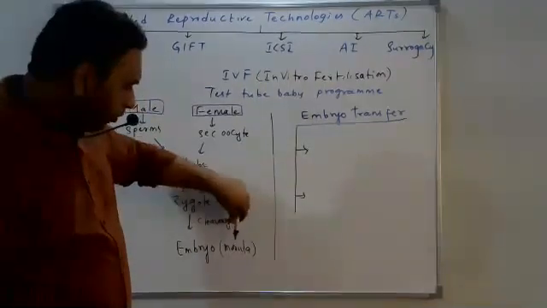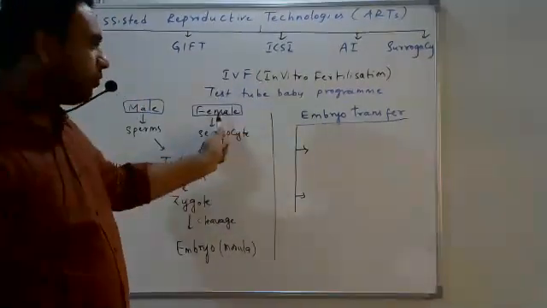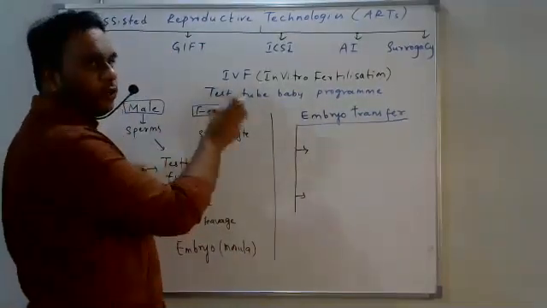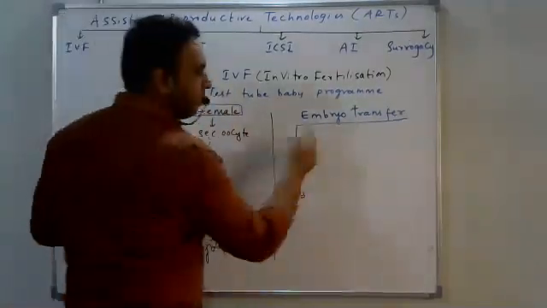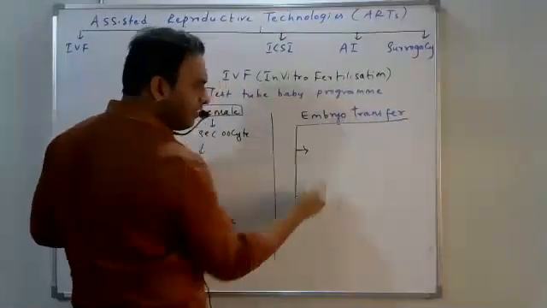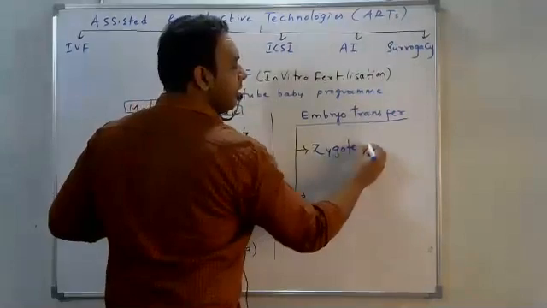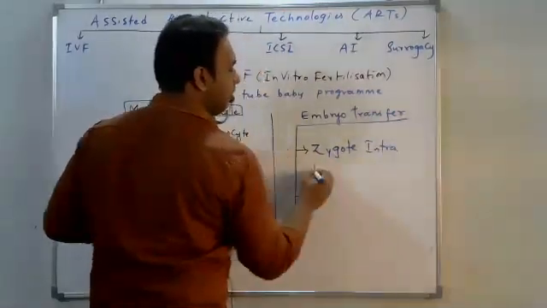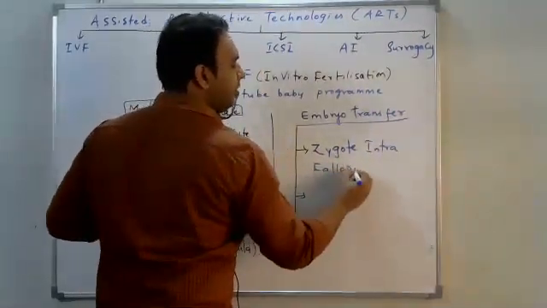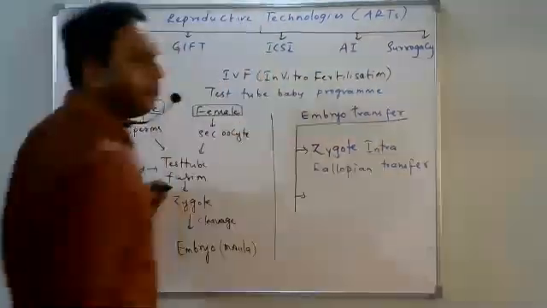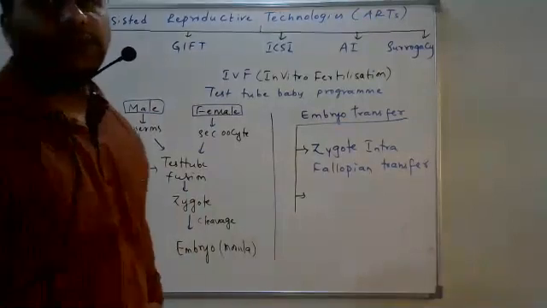The embryo produced in the laboratory is transferred to this female only, which helps in the further growth of that embryo in the mother. The first type is zygote intrafallopian transfer.